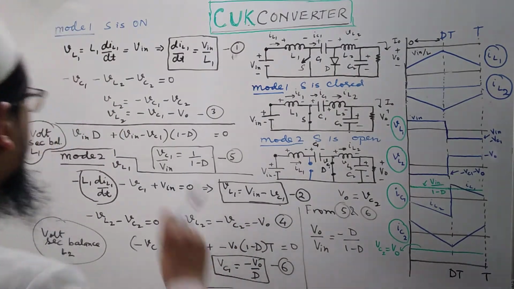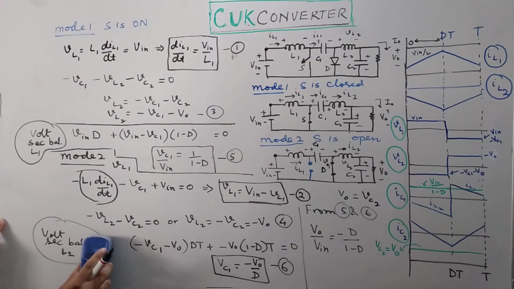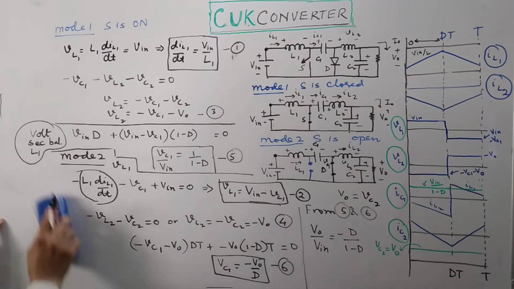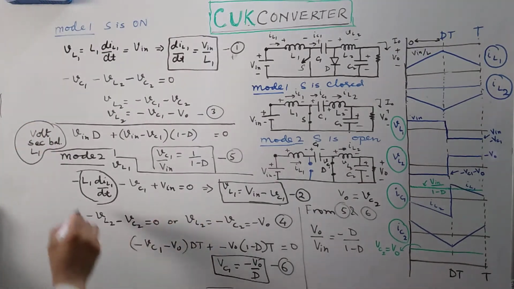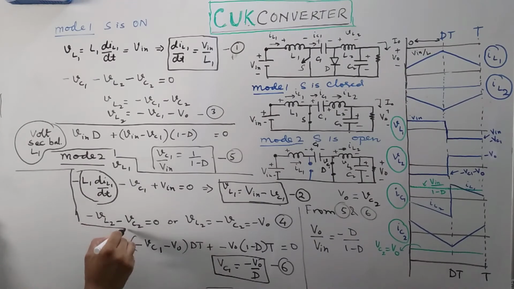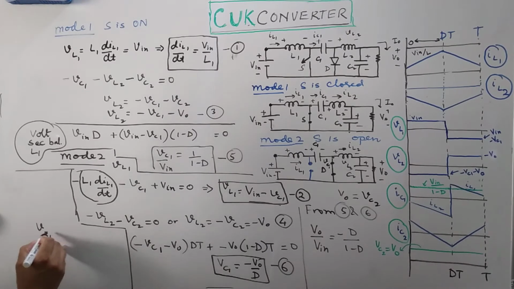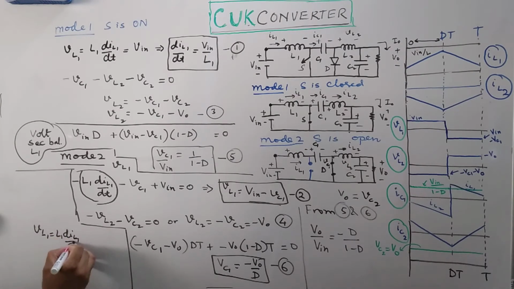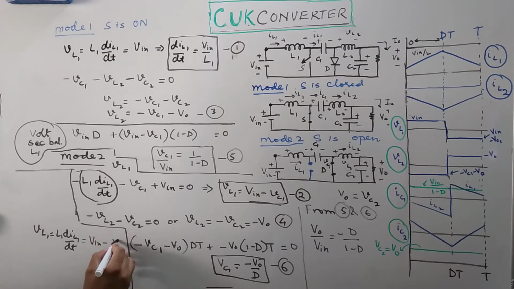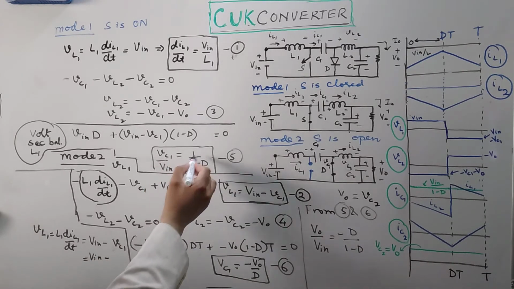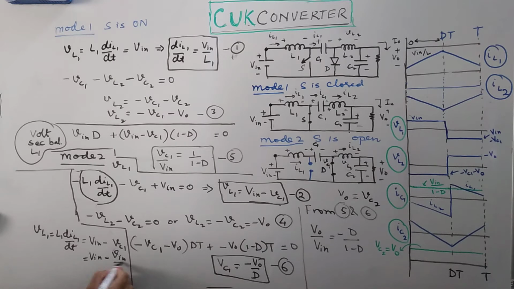Let me make some space here. You could see here that VL1 is L1 dIL1 by dt, and this is equal to Vin minus Vc1. So this is Vin minus Vin by 1 minus d, isn't it?